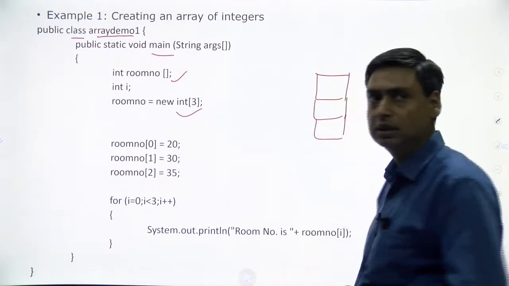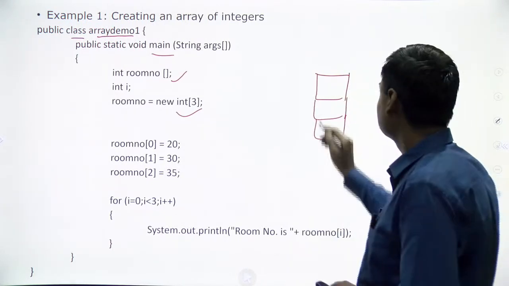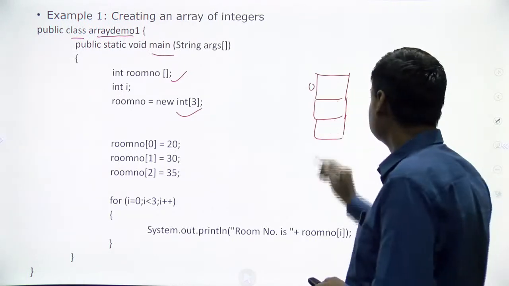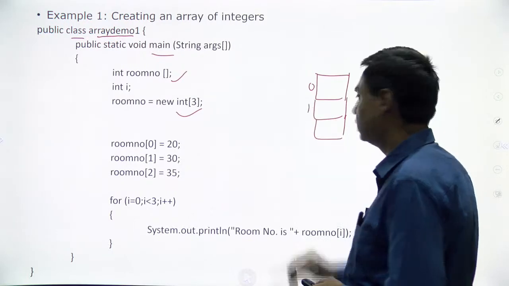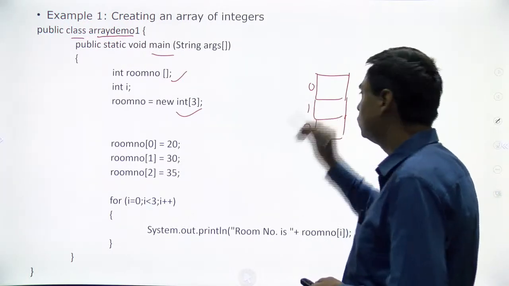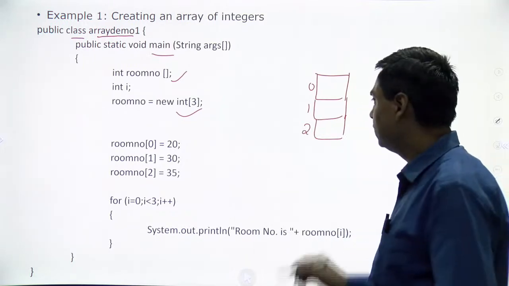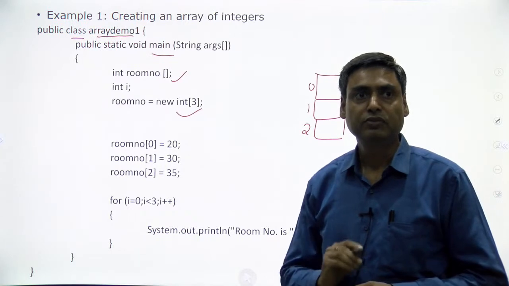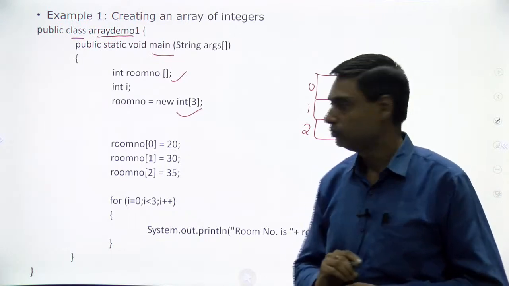Now to access an array, suppose 3 integers are defined here. The first location will be indexed as 0. The second location will be indexed as 1. The third location will be indexed as 2. So whenever you are accessing an array, you need to access it with the help of the index number.